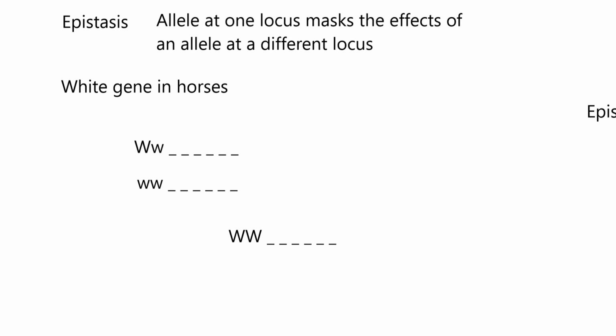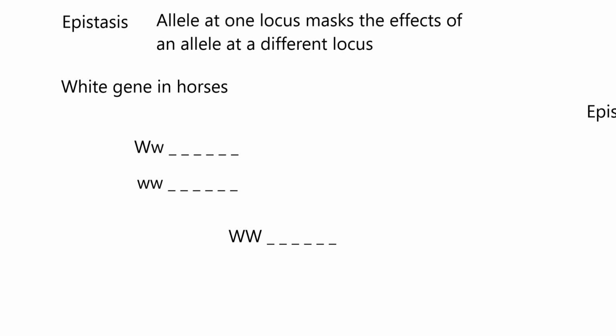It's usually never born. I'm not sure if it's 99.9%, but anyway, that's called a lethal white gene. If it's in its homozygous large W state, that offspring with that genotype is never born. Okay, so it's kind of interesting.